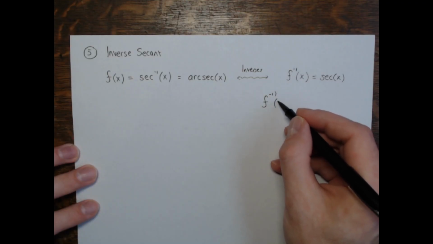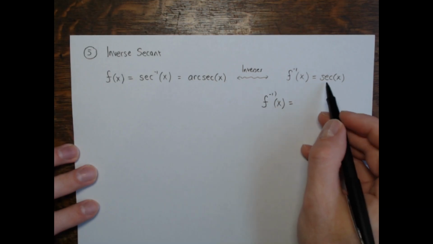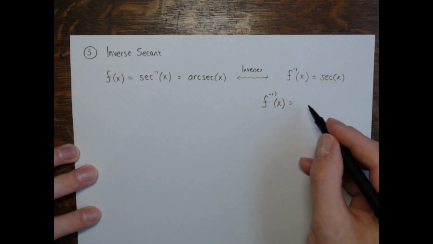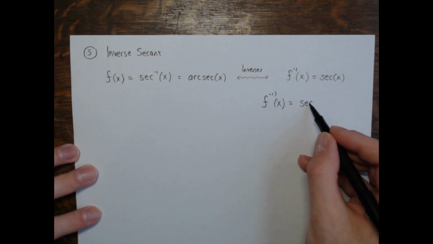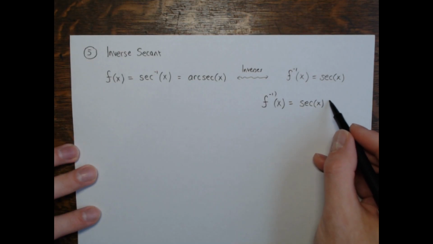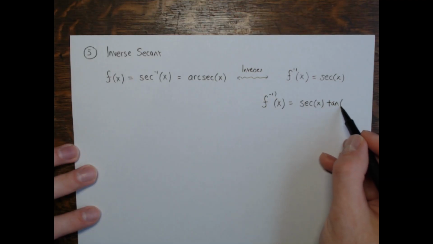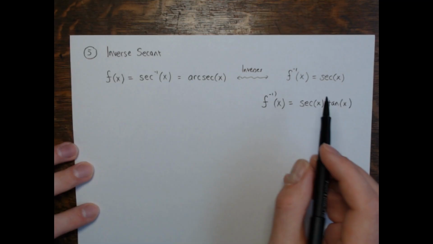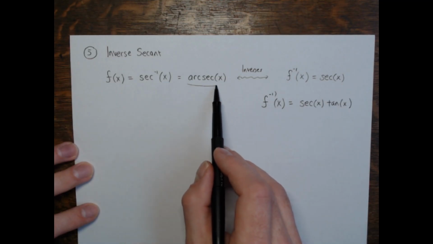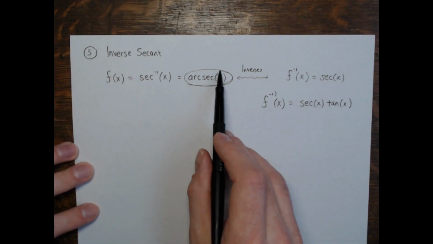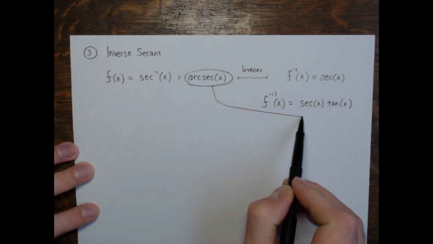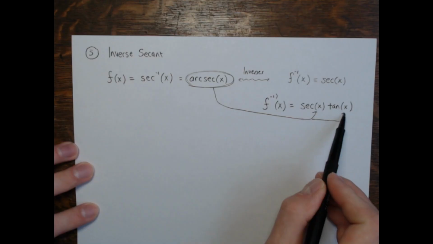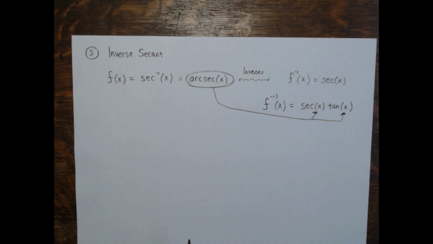So f inverse prime, remember the derivative of the regular secant was secant times tangent, so secant of x times tangent of x. And then I'm taking the original function here, the inverse secant, and putting it inside for both of these, right? Anywhere there's an x in this, I'm replacing it with inverse secant.